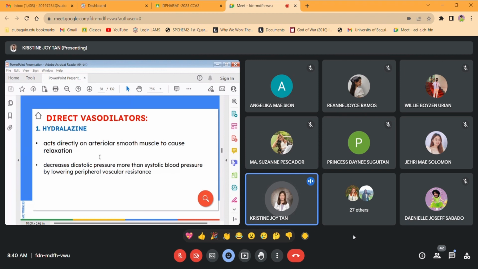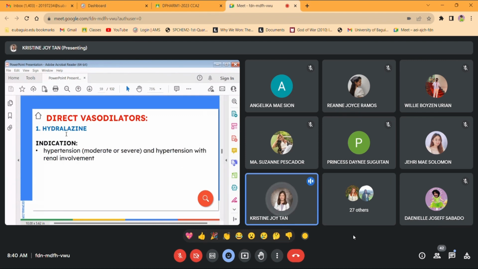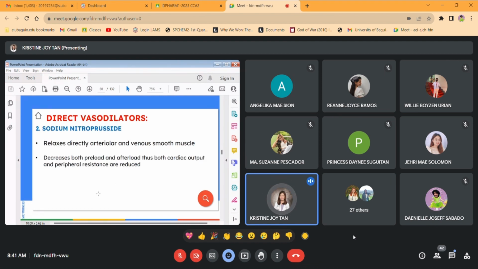So hydralazine, it acts directly on the arteriolar smooth muscles to cause relaxation. It will decrease the diastolic pressure more compared with your systolic blood pressure. So its action is more on the diastolic pressure. So indication, you have moderate or severe hypertension and hypertension with involvement of the kidneys, your hydralazine.